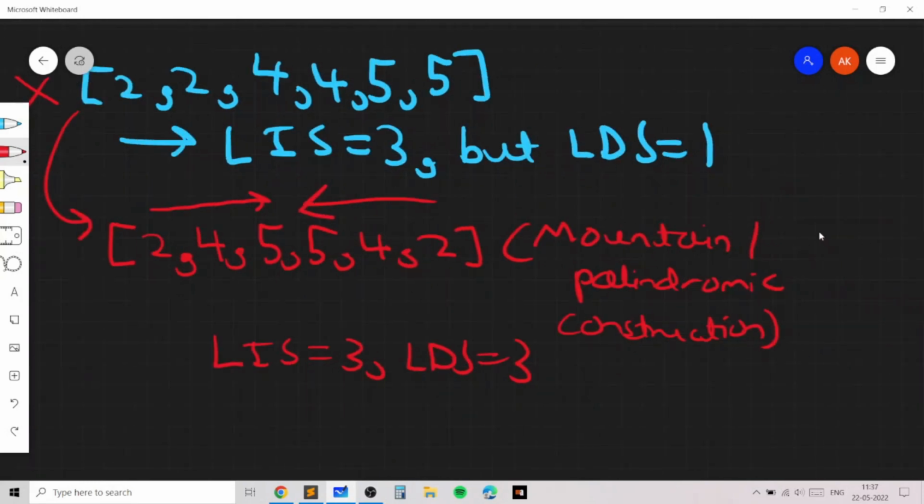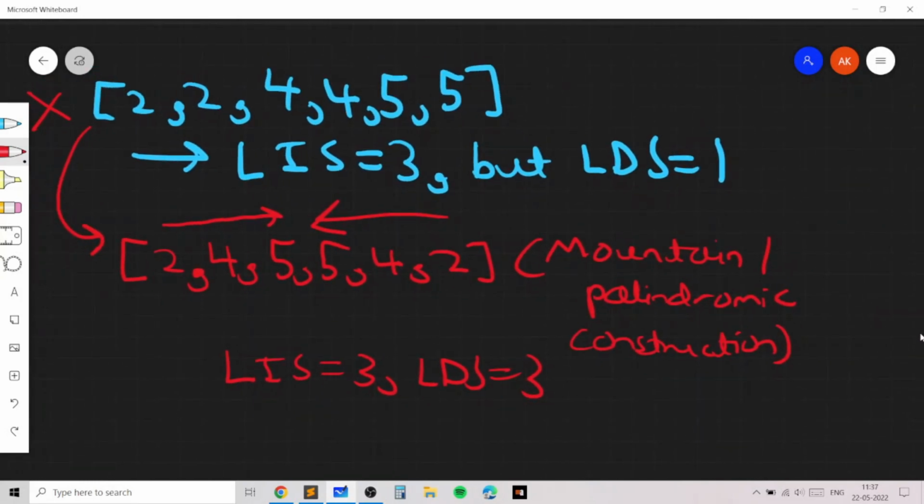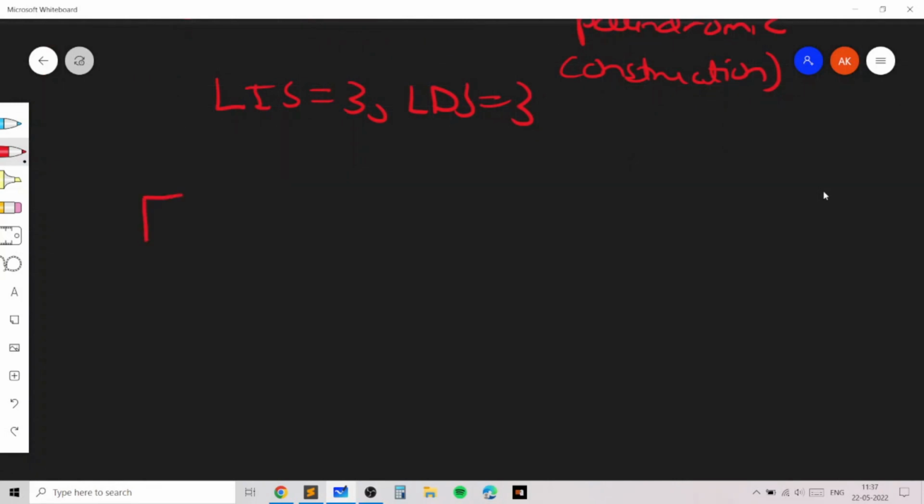Now a key observation arises: if the array is perfectly palindromic, if each element appears an even number of times, or if you can make it a palindrome, for example, if the array is something like this, and you can sort it and make it a palindrome like this, then obviously this is the best construction.